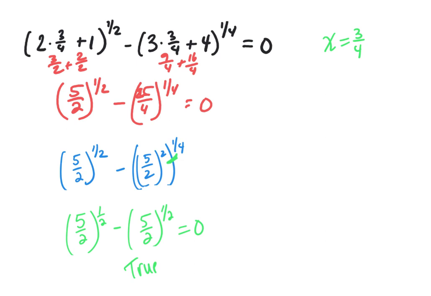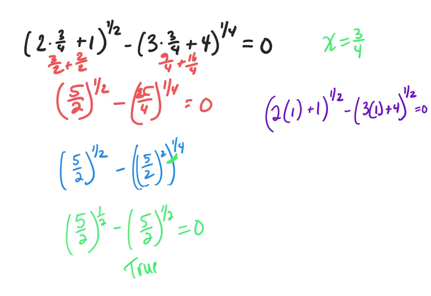Let's check our negative 1. For negative 1, we would say 2 times negative 1 plus 1 to the 1/2 minus 3 times negative 1 plus 4 to the 1/4 equals 0. So far, so good?